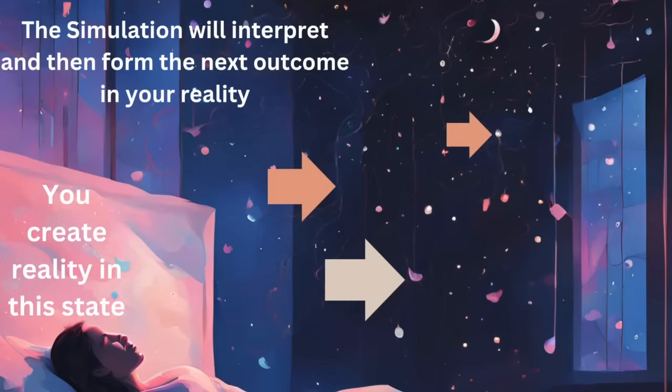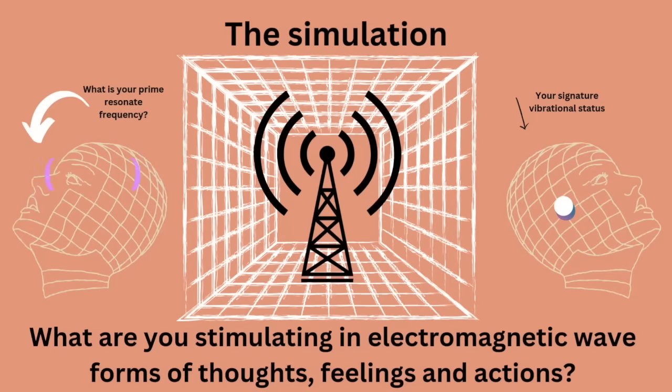And then you are able to glean things in the simulation that can help you. Maybe, for example, if you have an invention and you need to figure out the last pieces of the invention, you can get information like that at this state.